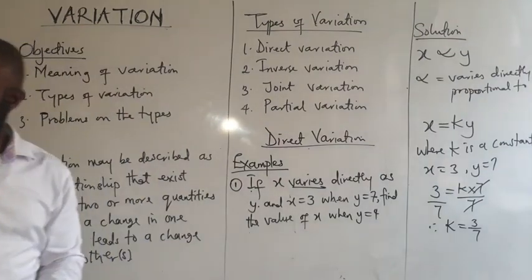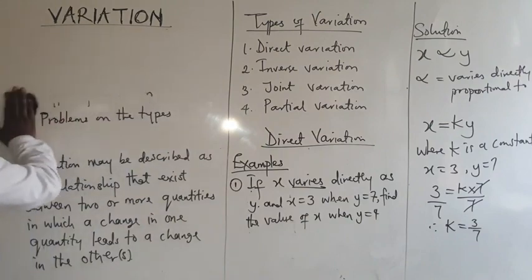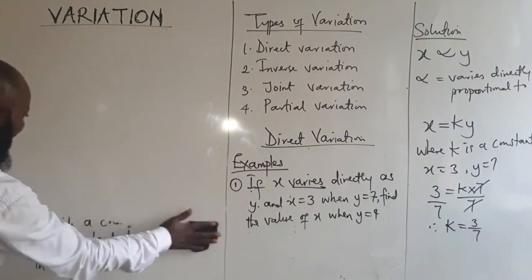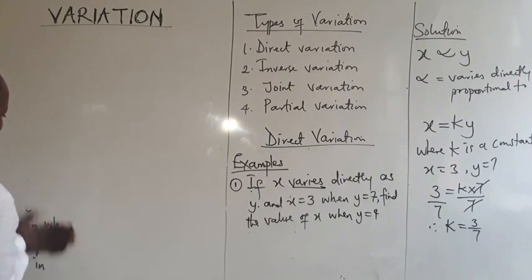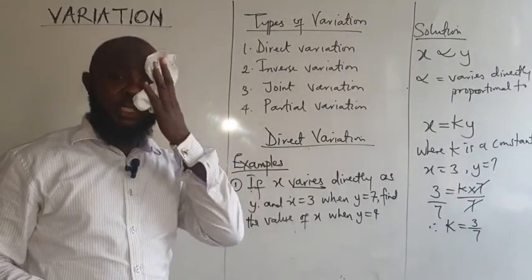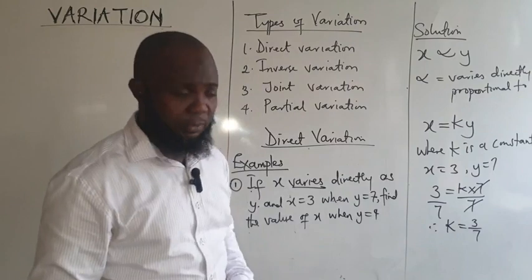So the next thing is to now find the relationship between the two variables. Whether you are asked to find the relationship or you are not asked to find the relationship, it is a must for you to write out the relationship between the two variables. So what does that mean?